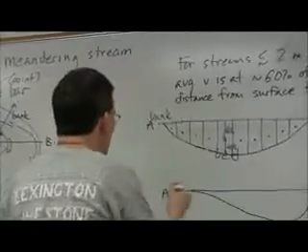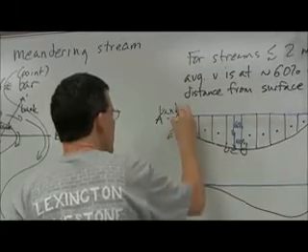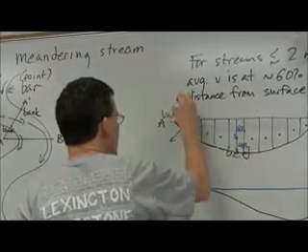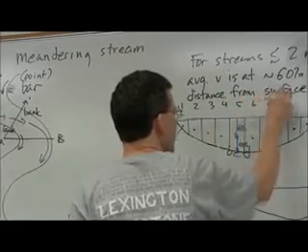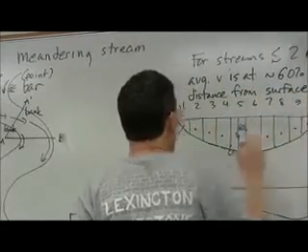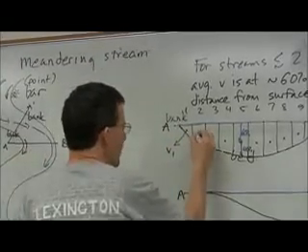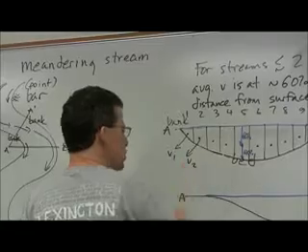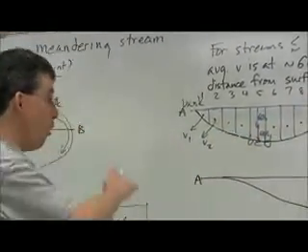Okay, so what I'm going to do then is measure velocity. So we'll call this point 1, or segment 1, 2, 3, 4, 5, 6, 7, 8, 9, 10. So I'm going to measure V1, and then V2, and so forth across the stream, all the way to V10.